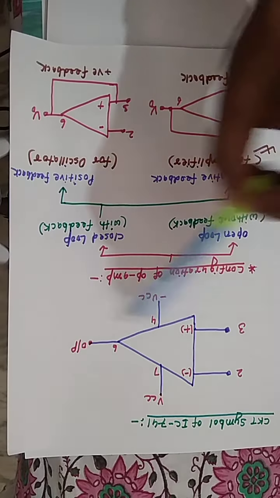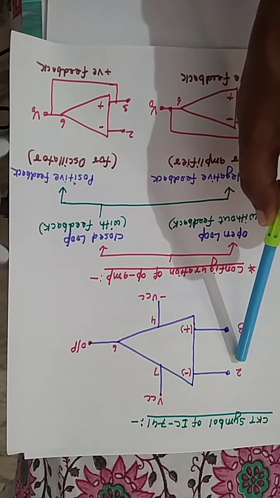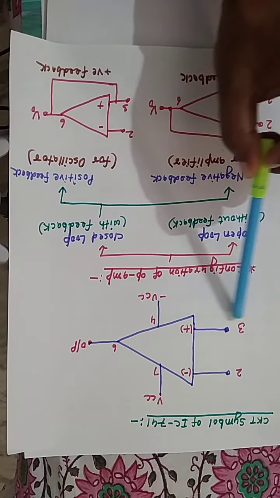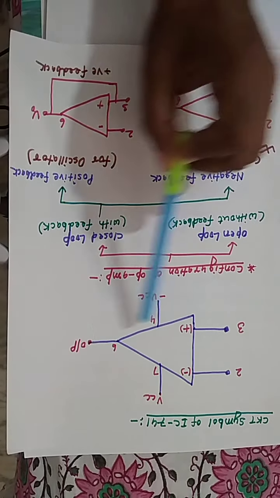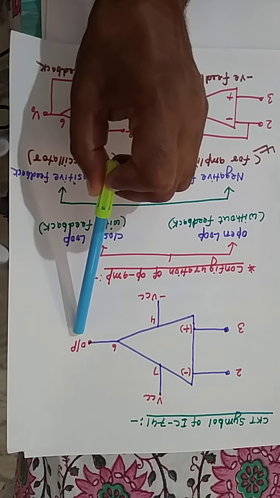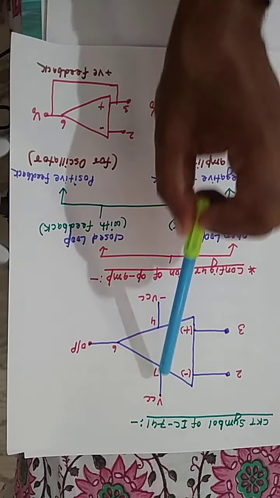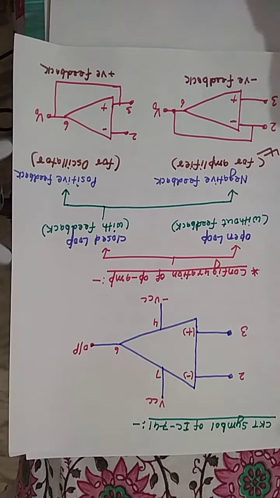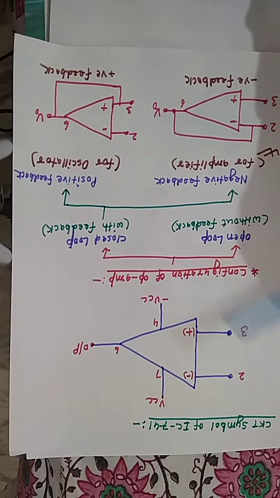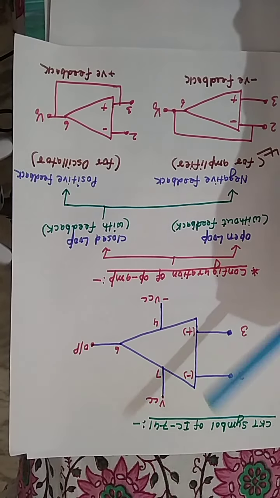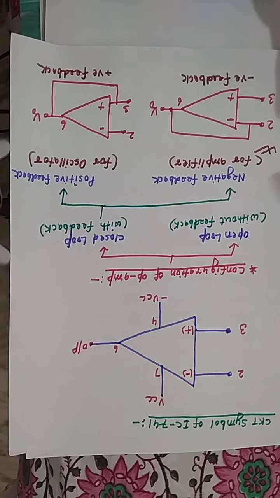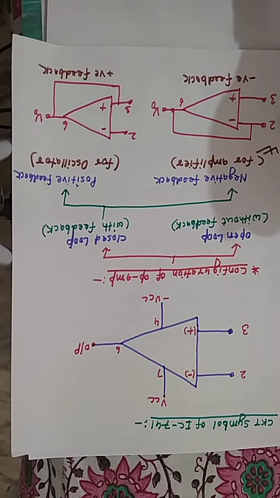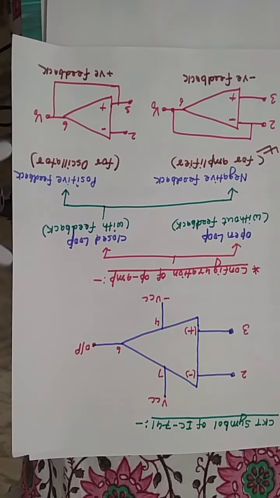This is the inverting terminal, pin number 2, and this is the non-inverting terminal, pin number 3, and this is pin number 6, from where we take the output, and 4 and 7 are for the supply voltage. This means at this level we need to just remember the 5 pins only: 2, 3, 4, 7 and 6.